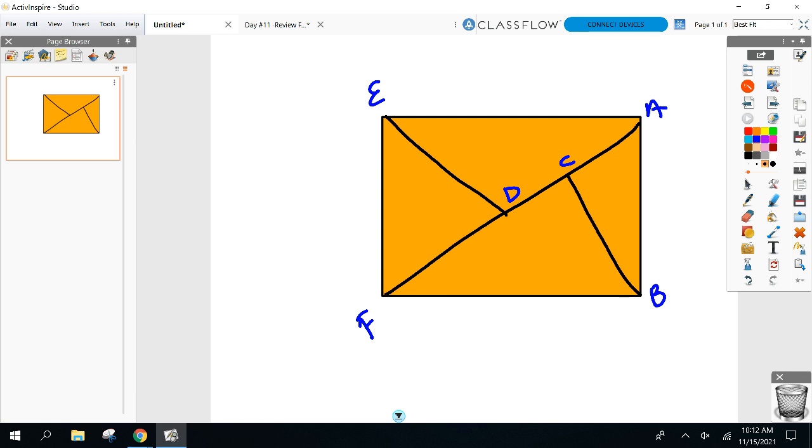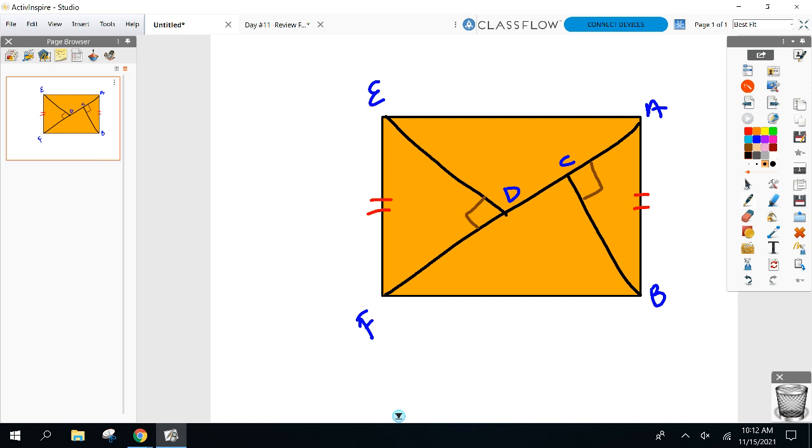Here you go. And for some reason, maybe I give it to you. Maybe it's perpendicular lines. You figure out these are right angles. All good? And maybe I give it to you that EF is congruent to AB. Everyone with me so far? Good.